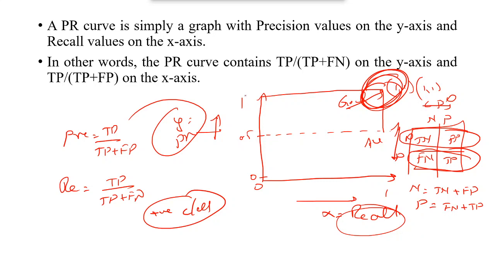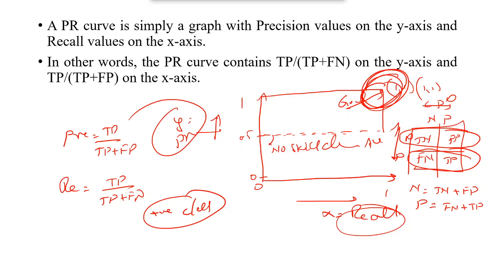Here the dotted line is nothing but the no skill classifier. No skill classifier means we can consider it as a base classifier.